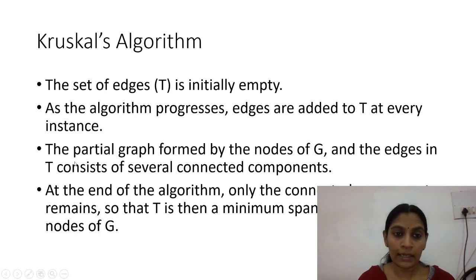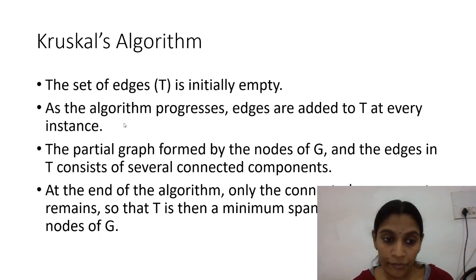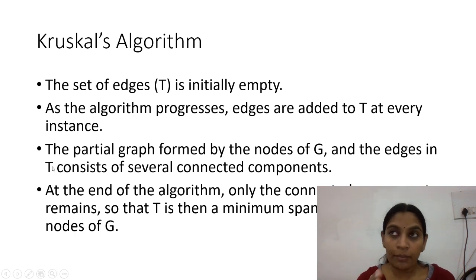So Kruskal's algorithm also begins with the set of edges T, which is initially empty, and as the algorithm progresses, we will add edges to T. For every edge, we will check whether the condition has been satisfied or not. If the condition is not satisfied, we will reject the edge. And since we are going to find the minimum cost spanning tree, we are sticking to the edges, not vertices.